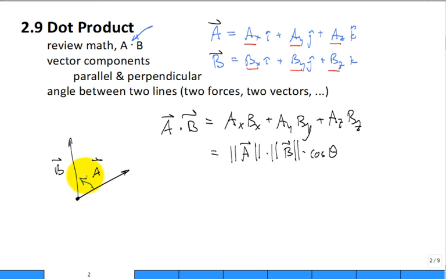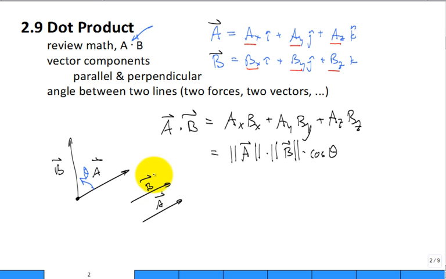This is the angle theta between them. As shown right here, theta looks like it's around 50 degrees or 45 degrees.